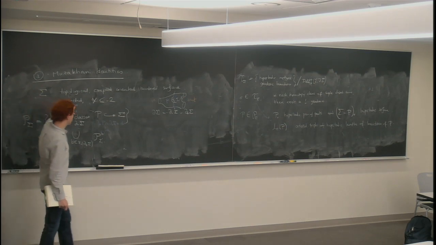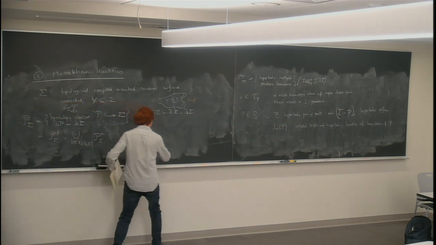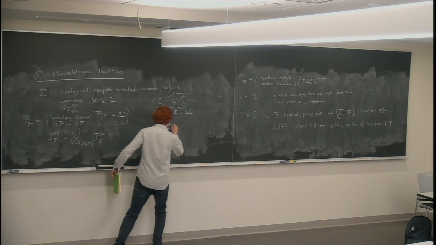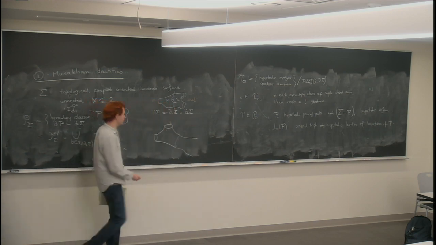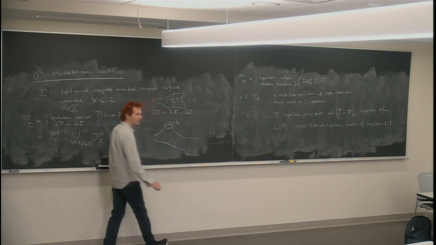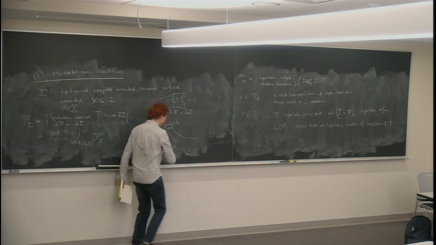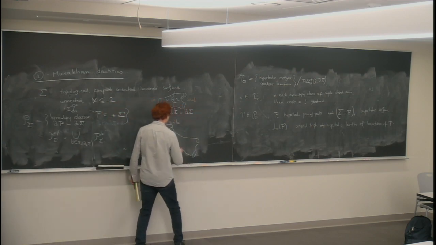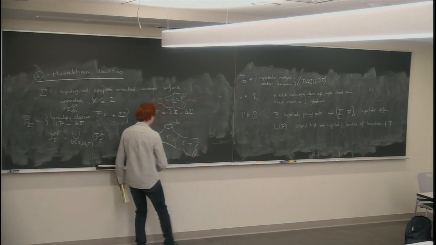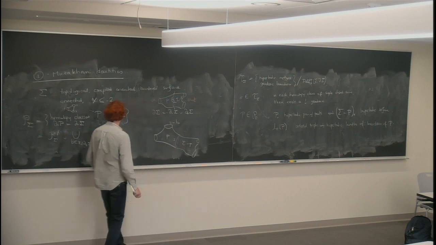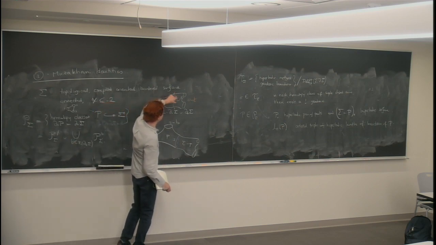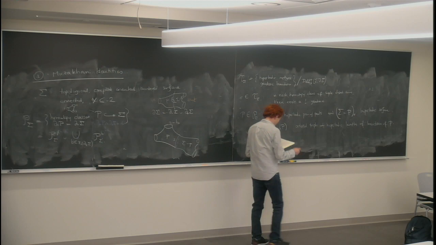My convention is that when the surface has two boundaries in common with the pair of pants, that must always be the second one, and then that will be the third one. So in that case, that will be the first length, second length, third length. In this case, first length, and here, and all these two.